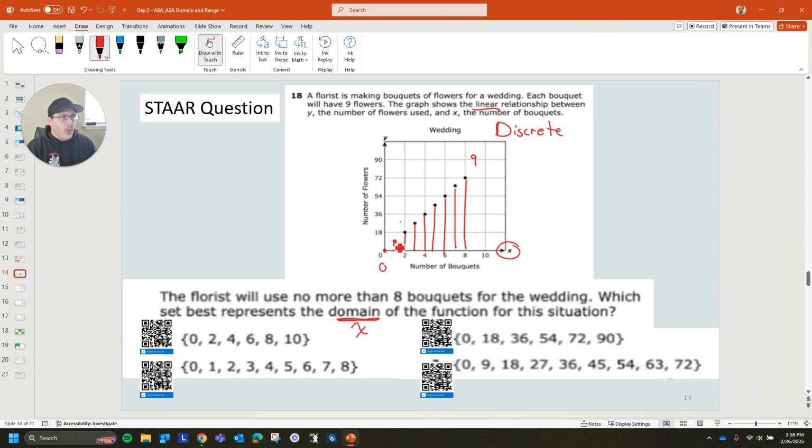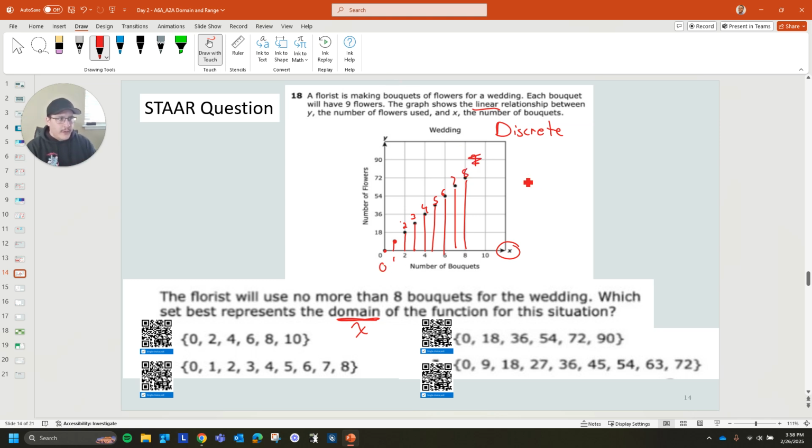We have 1 for this next one right here. Or you can list out the points as well instead of just labeling them. 2. We have 3. Notice how between 2 and 4 it's right in the middle, so that's 3. 4, 5, 6, 7, 8.